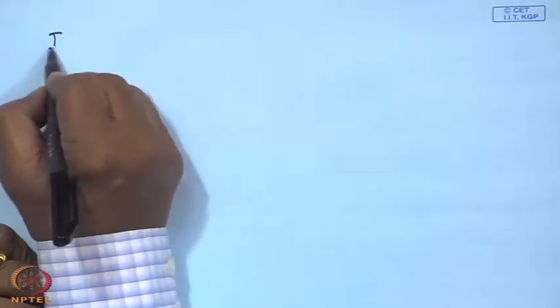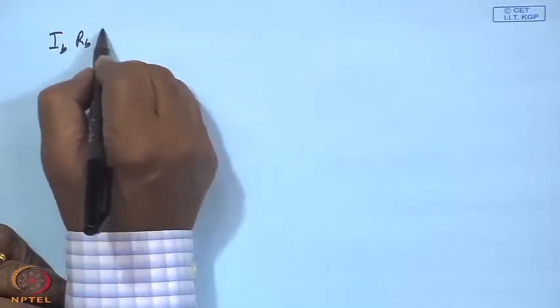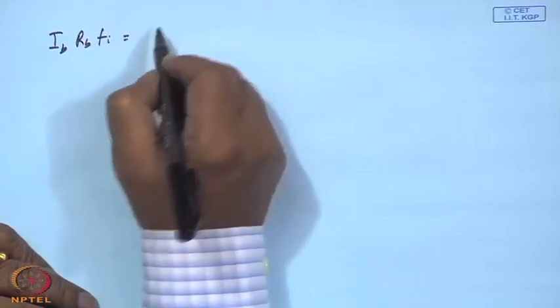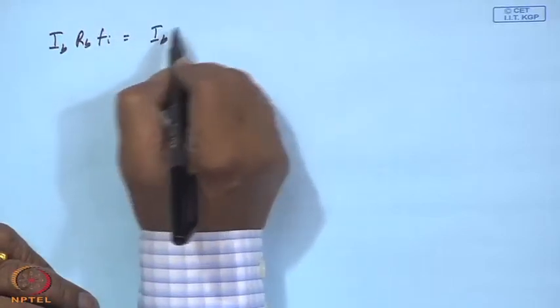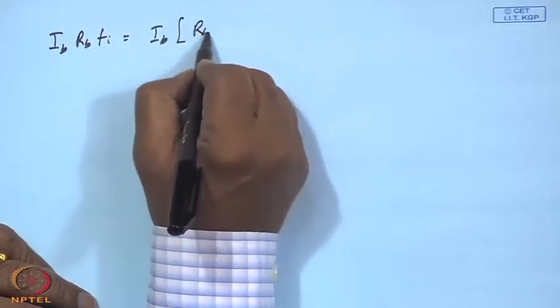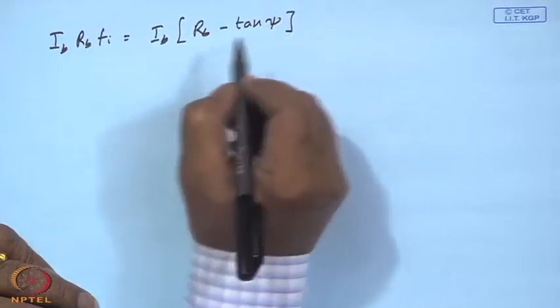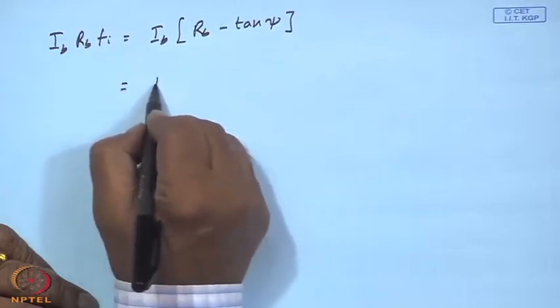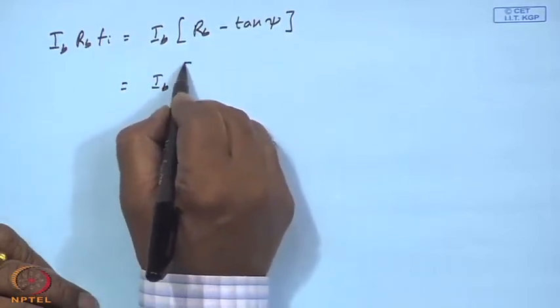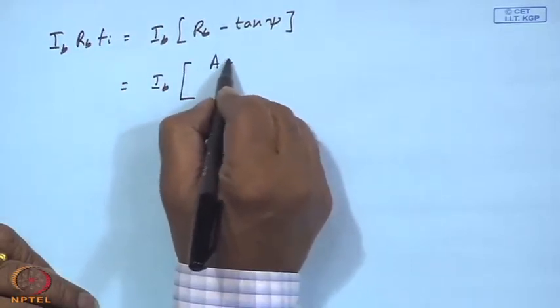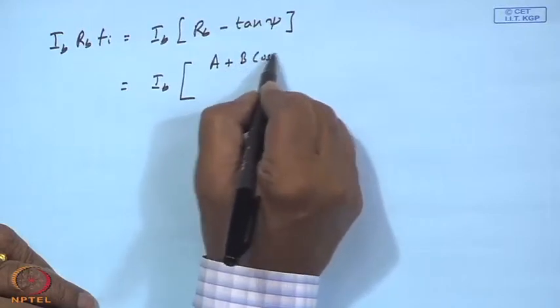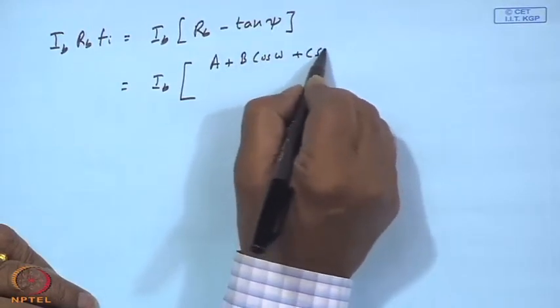So, you have got I_B R_B, Phi is I_B R_B minus tan psi, which shall be I_B times, in general, A plus B cos omega plus C sin omega.